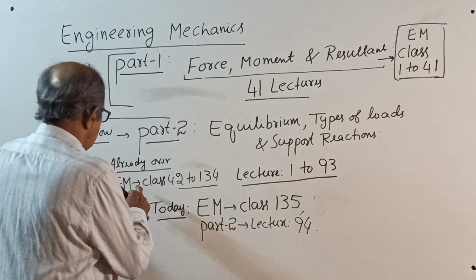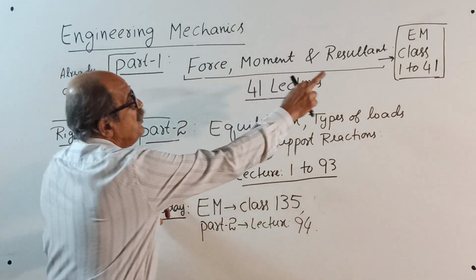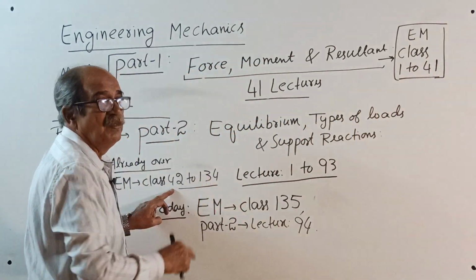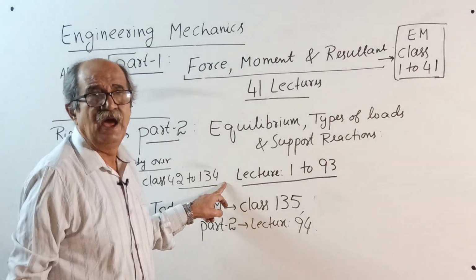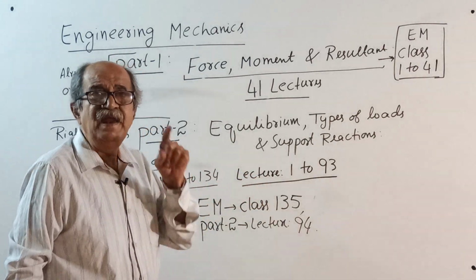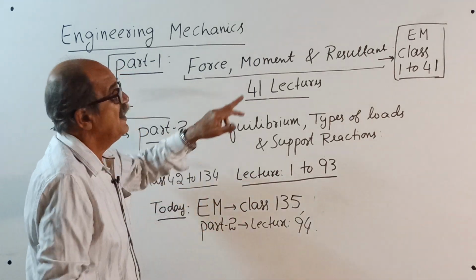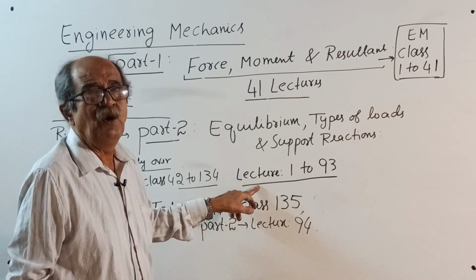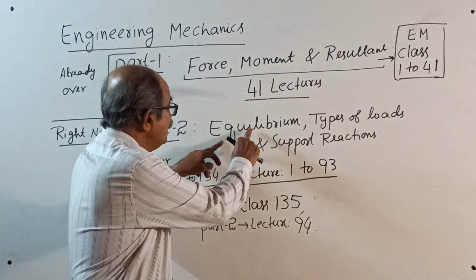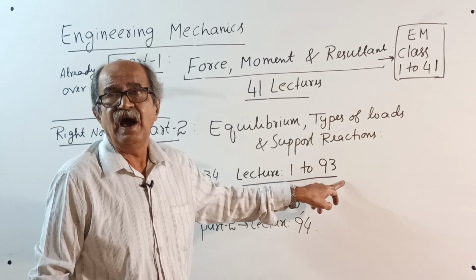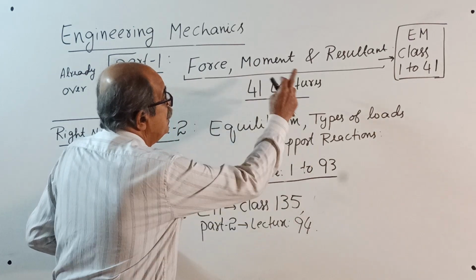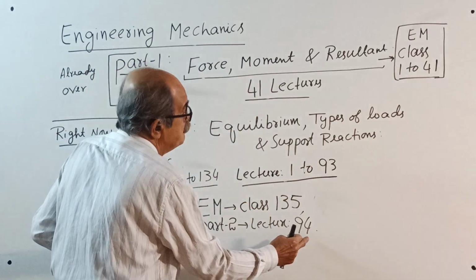Classes 42 to 134 are already over. The last class I uploaded was class number 134, and the class number will continue for the entire course. Lecture number will keep changing from part to part. For this part 2, lectures 1 to 93 are already over. So today is engineering mechanics class 135 by main number, and part 2 lecture number 94.